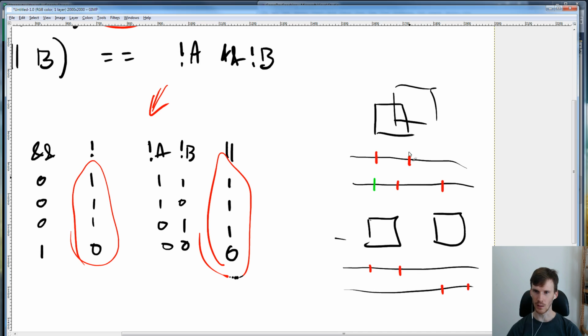So B is green and A is red, and it really depends on what order they're in. And we're handling one of these cases correctly and one of them not correctly.